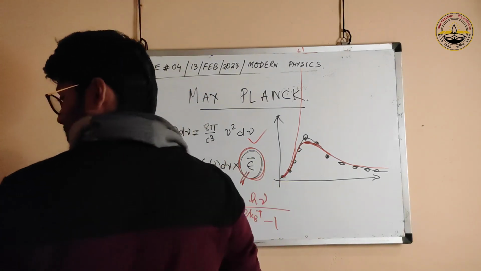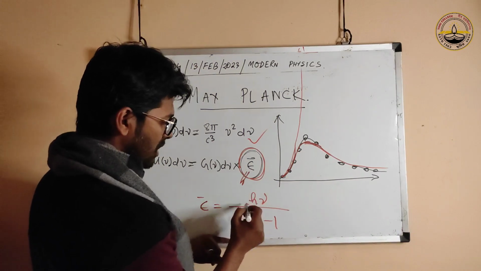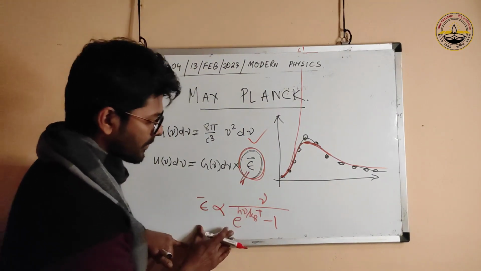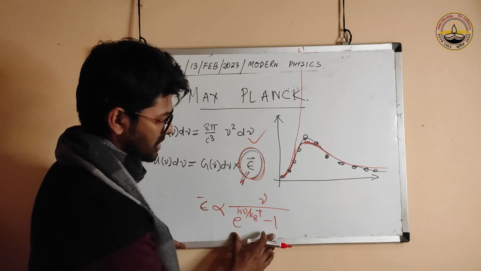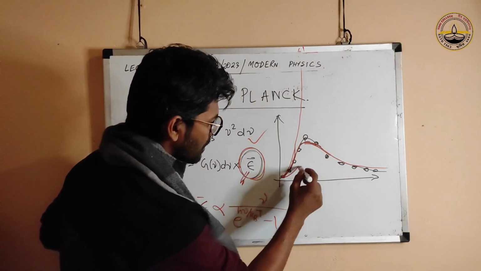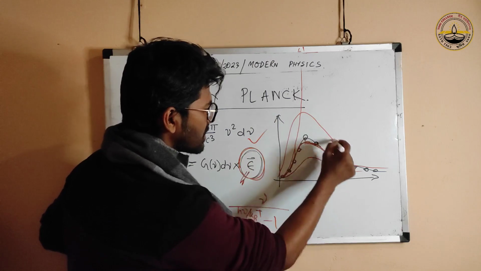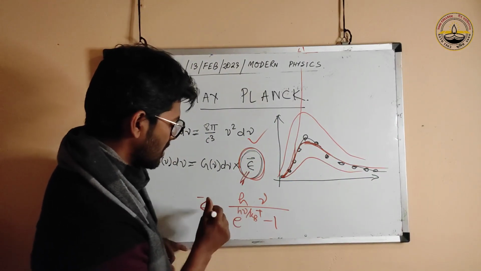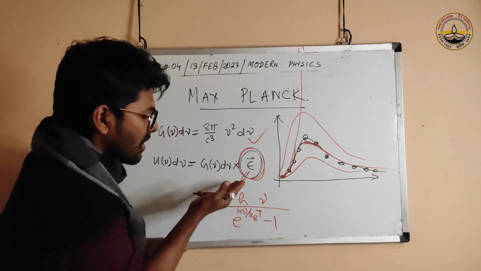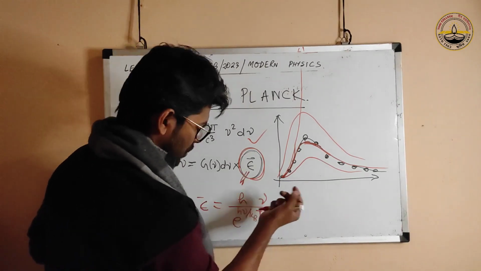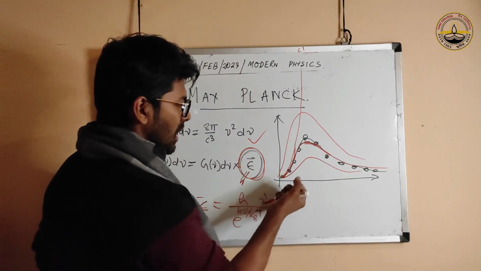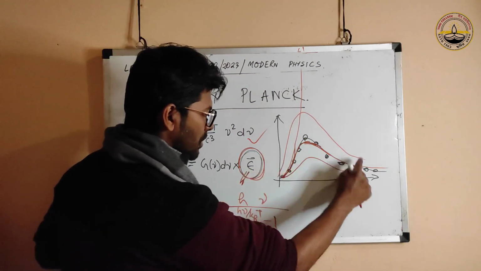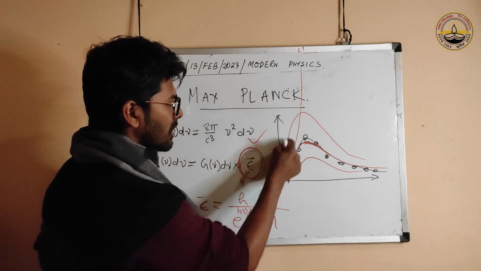It was needed because he knew that the function should look like this. But then the function could be this, it could be this. So he put a constant here and he adjusted the value of h. If it was too less, then he got this plot. Then he increased it and he got this one.